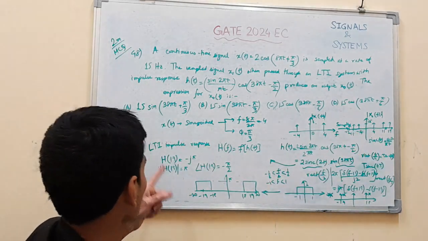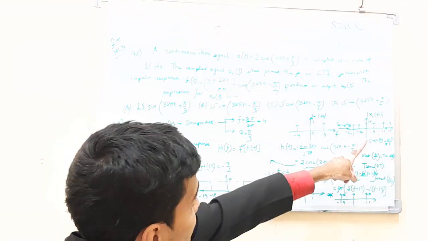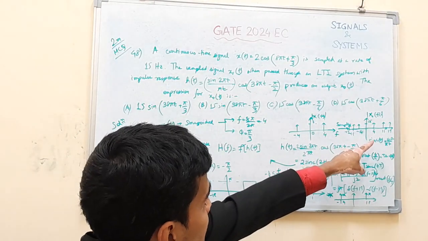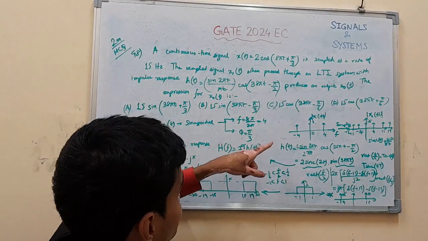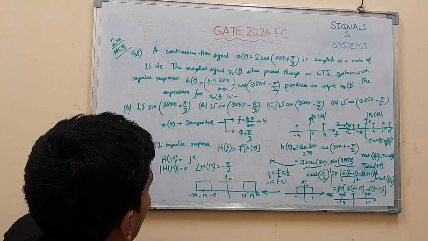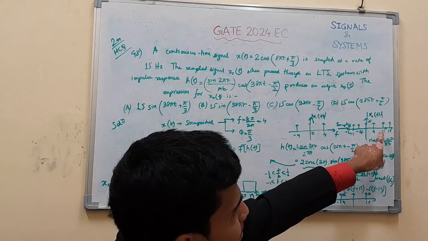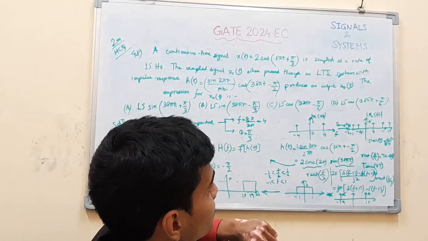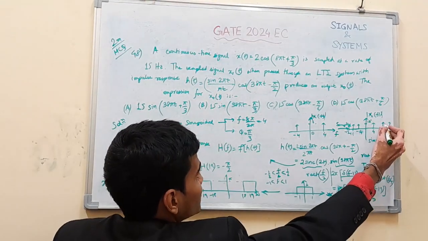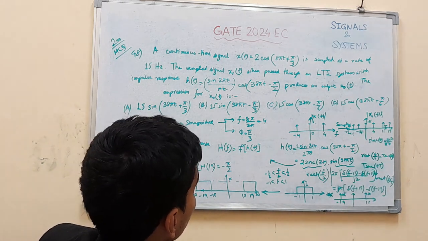So 15 into pi, that is 15 pi. And the phase angle will get added. What is the phase at 19? We have not found that out actually. The phase at 19 will be the same as the phase at 4, because these are repeated samples at intervals of 15. So what is the phase at 4?